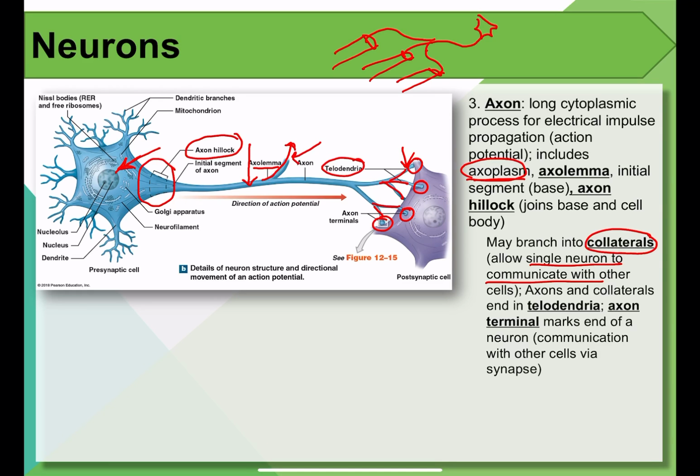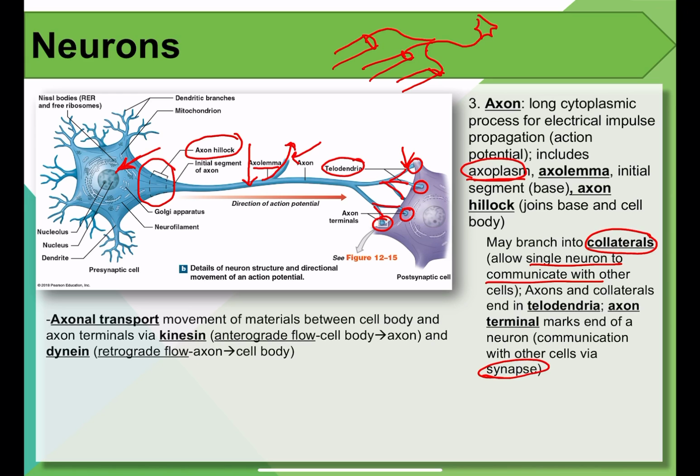This is the collateral right there, an axon branching off, not close to the axon terminal. An axon terminal, of course, marks the end of the neuron, and that's where another synapse happens, either on another neuron or on a muscle fiber in the case of a neuromuscular junction we talked about in the last chapter.